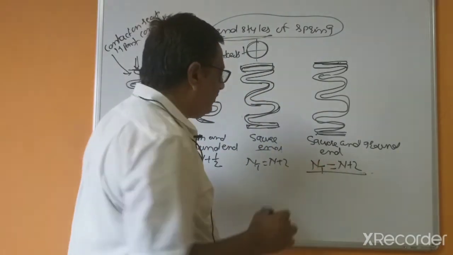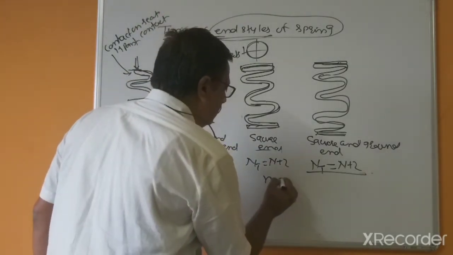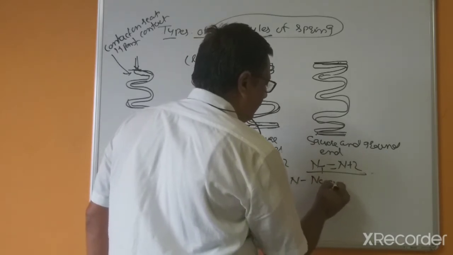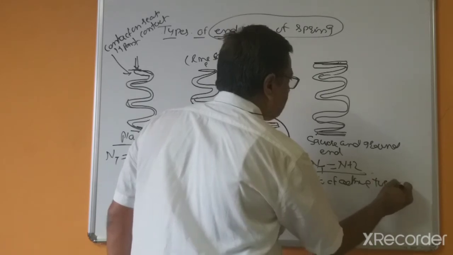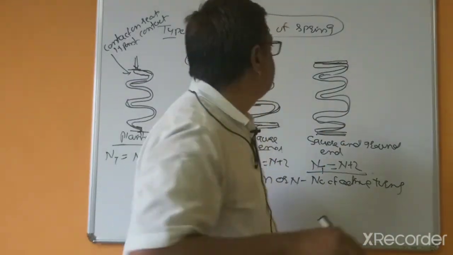This n, or capital N, is the number of active turns, which take a direct contribution in the deflection of the springs.